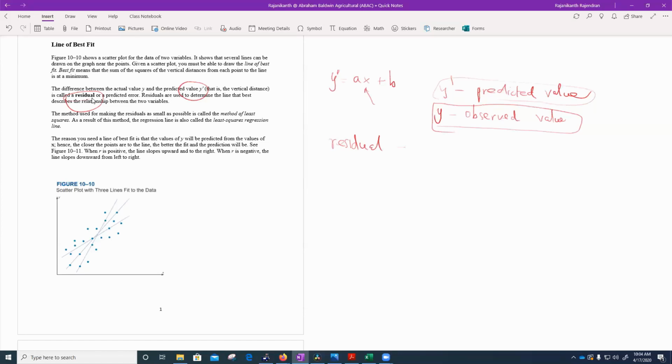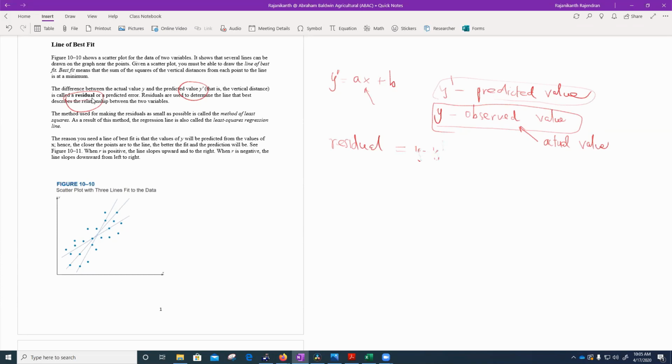Residual means the difference between your observed value, the actual value, and the predicted value. In symbolic form, I could write this as y minus y prime.